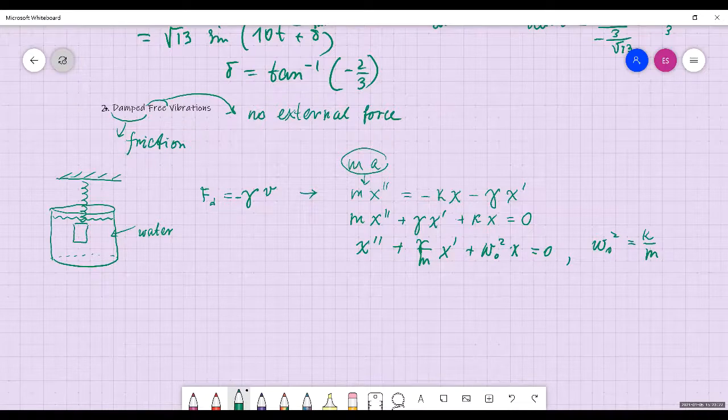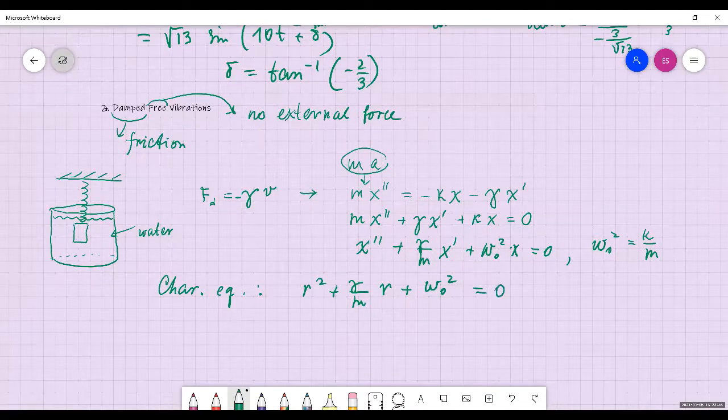Well, what I'm going to do, guys, I'm going to solve this equation and just write down how the roots are going to look, okay? So the characteristic equation is going to look like r squared plus gamma over m r plus omega 0 squared equals 0.